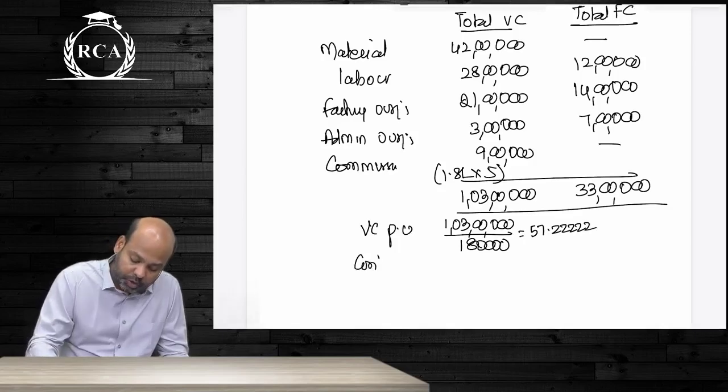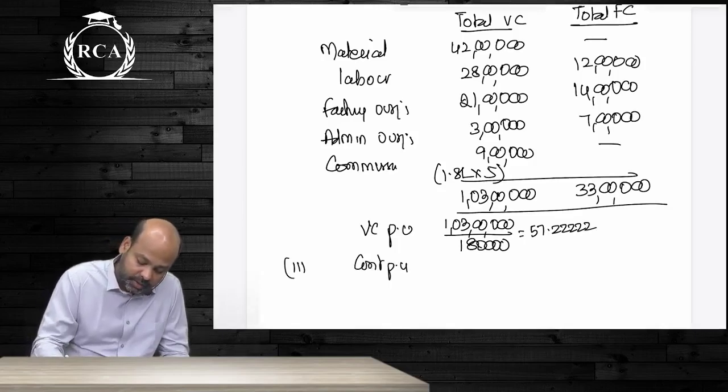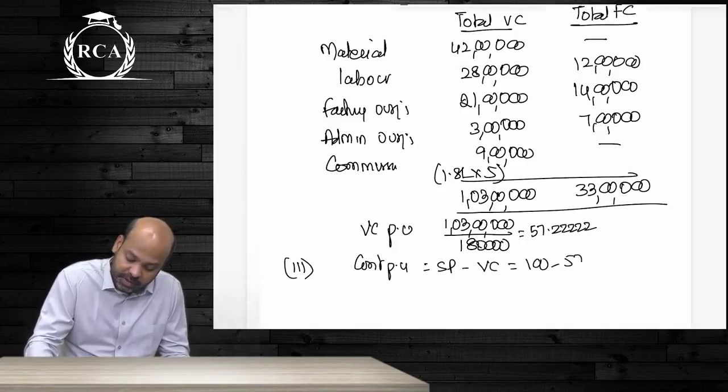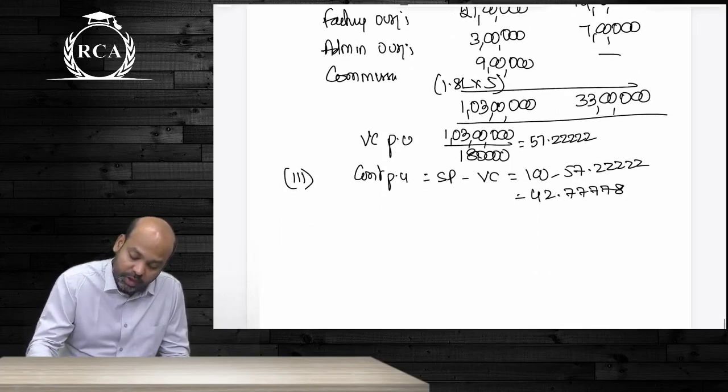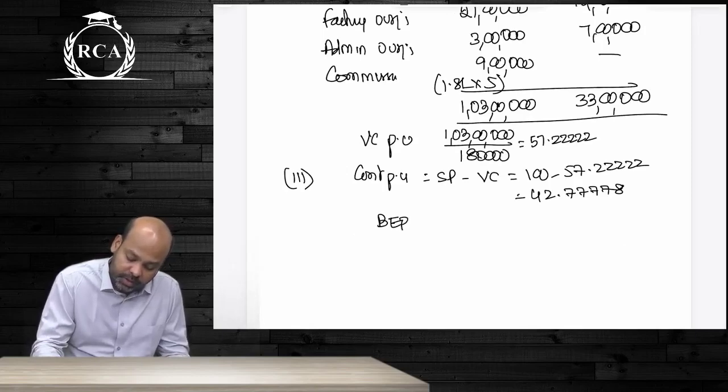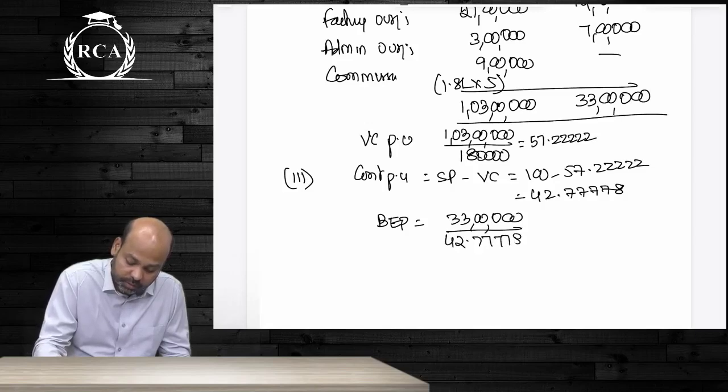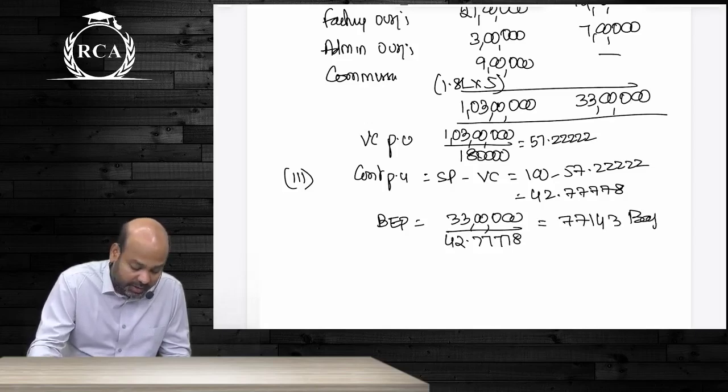So contribution per unit guys, third bit के लिए selling price minus variable cost, 100 minus 57.2222222, 42.77778. What do you think will be your break even point guys? 33 lakhs fixed cost divided by contribution per unit, 140. तो दैट इज 77,139.